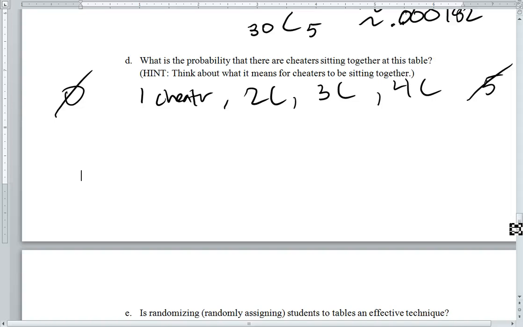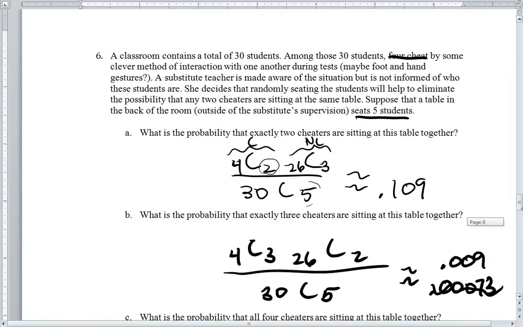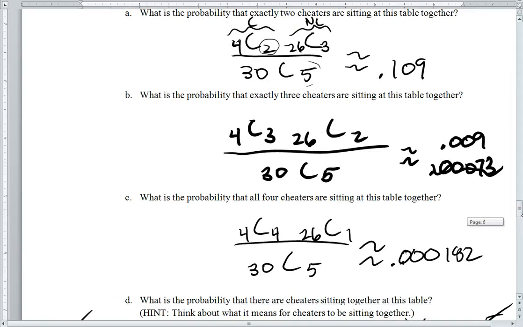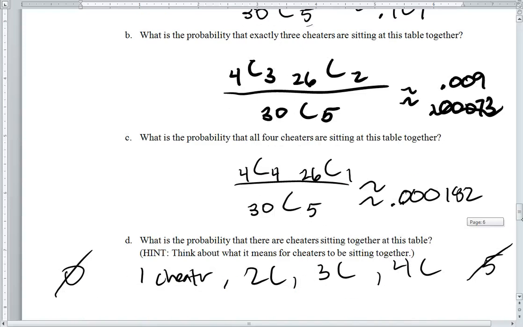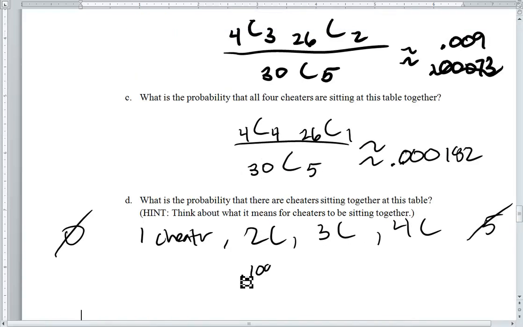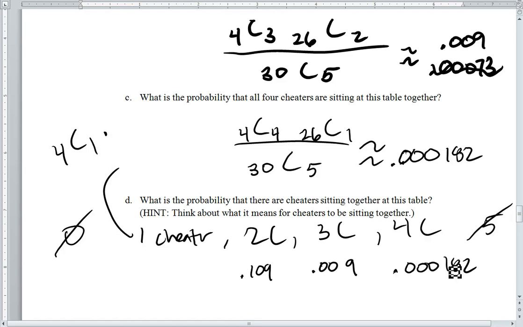So we already know some of these. We've calculated the probability of having 2, having 3, and having 4, which is 0.109 for 2, 0.009 for 3, and 0.000182 for 4. Well, to have 1 cheater, that's 4 combination 1 ways.